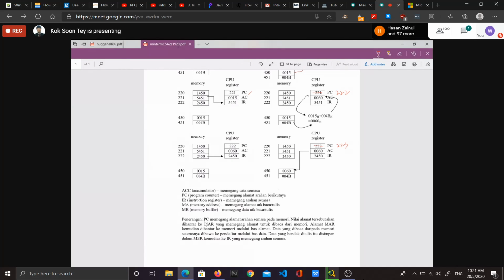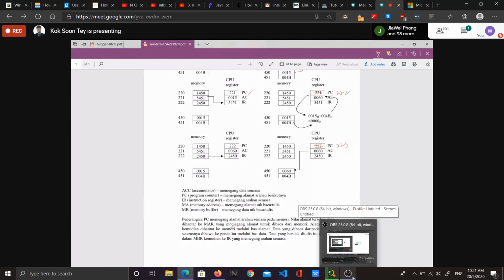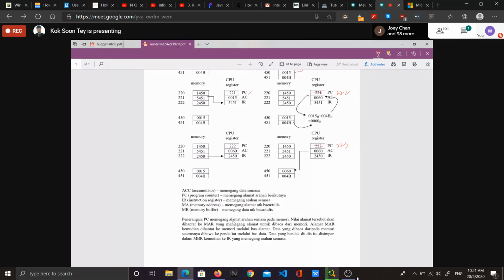So the explanation, I translate to English. The PC is holding the address of the instruction to be executed in the memory. Then the content inside the address held by your PC will be sent to MAR. Okay, the address in the PC will be sent to MAR, then the address in MAR will be sent to memory.